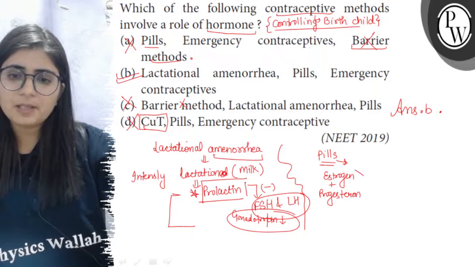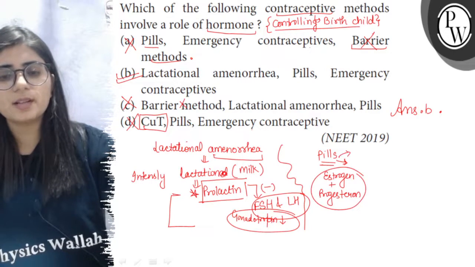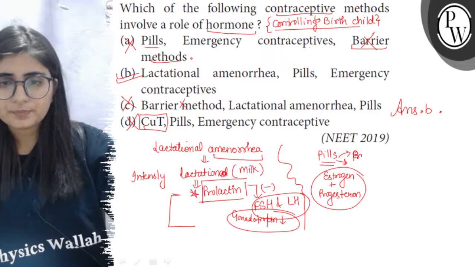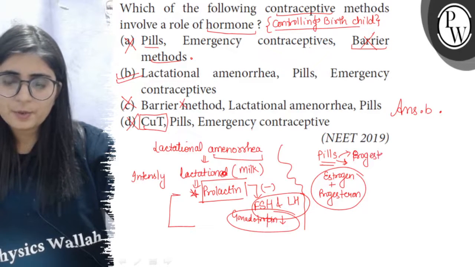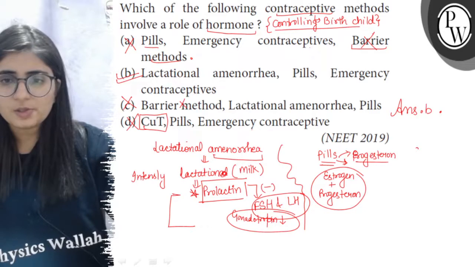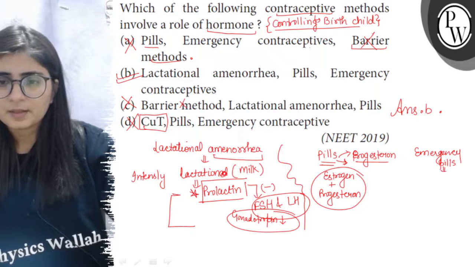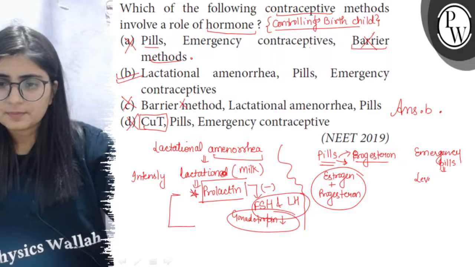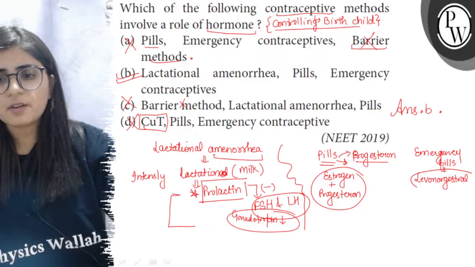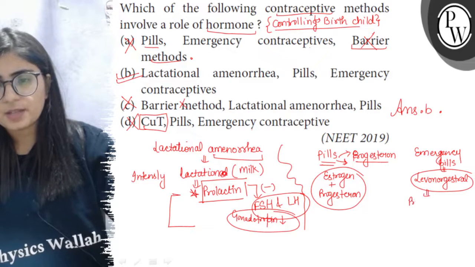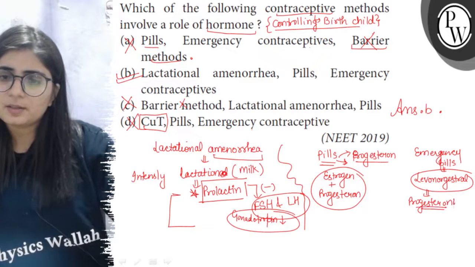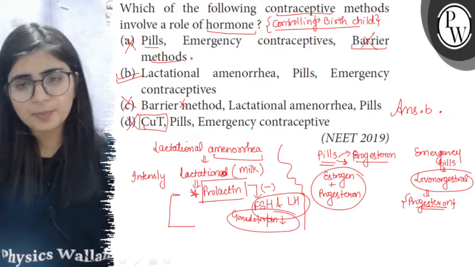In the combined pills, both estrogen and progesterone are there, and in the mini pills, only progesterone is there. Also the emergency pills have a synthetic version of progesterone, a hormone which is released by the corpus luteum.